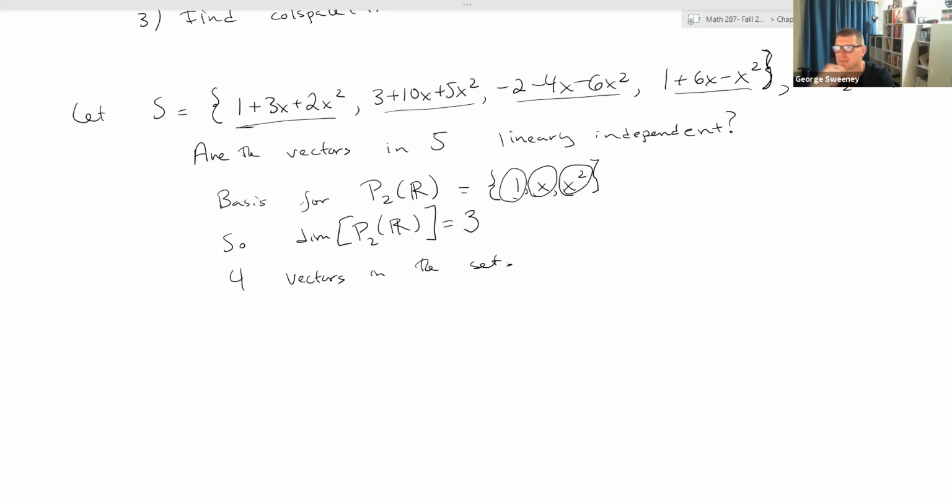What's the problem? What if I had 4 vectors in R3? Then you know that one is linearly dependent. Yeah, one of the vectors makes the set linearly dependent because there are more vectors than dimension.